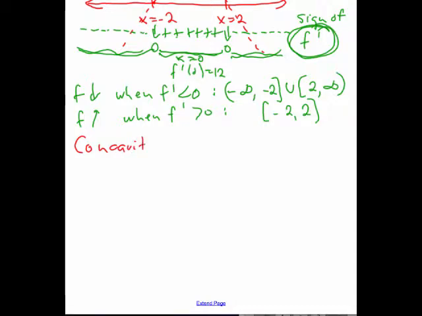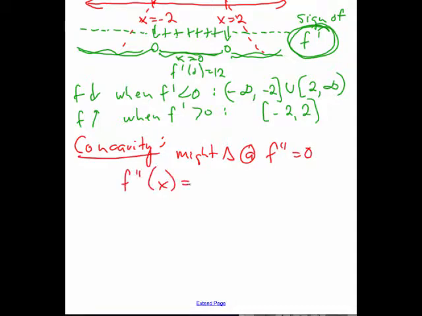Okay, let's look at concavity next. Concavity might change when the second derivative is 0. So we need to look at the second derivative of the function, which, if I look back to the top, would be negative 6x, and the second derivative would be 0 when x is equal to 0.